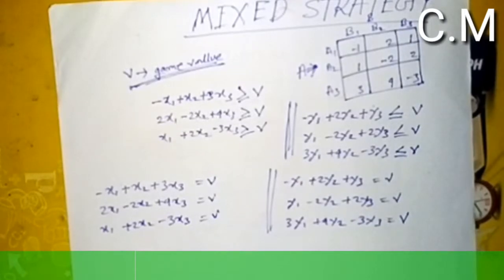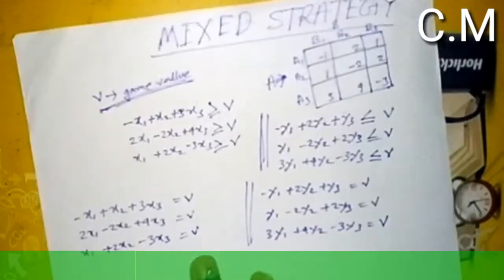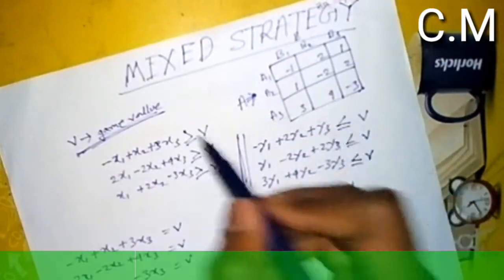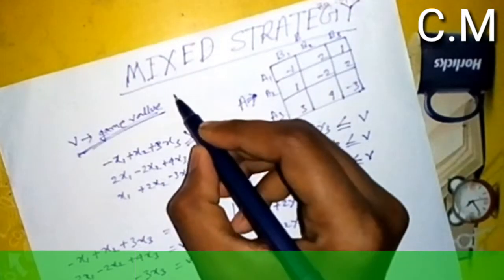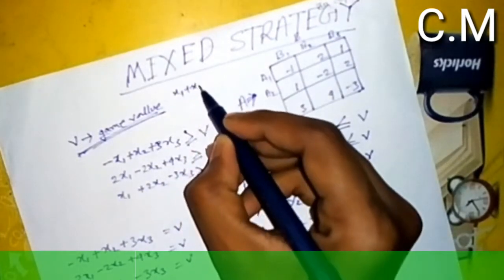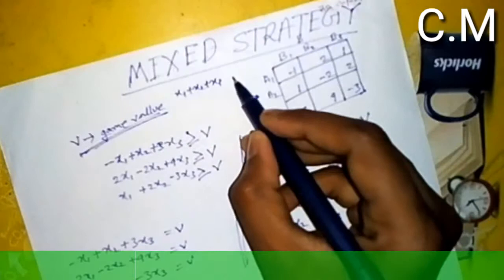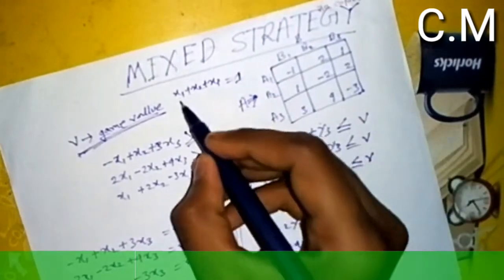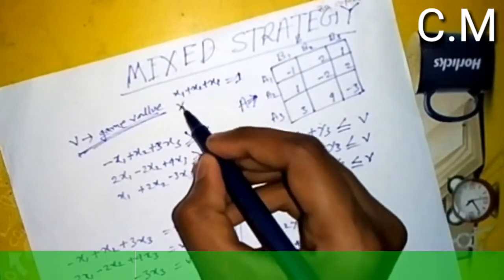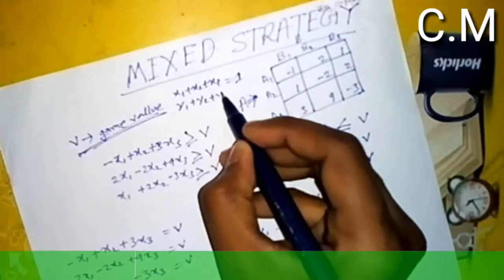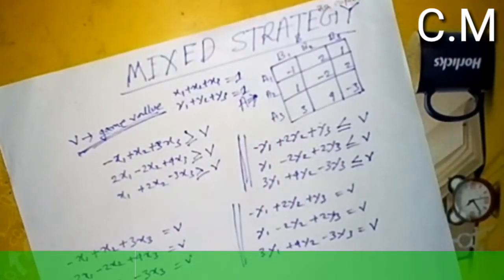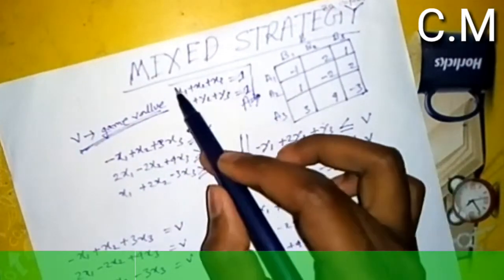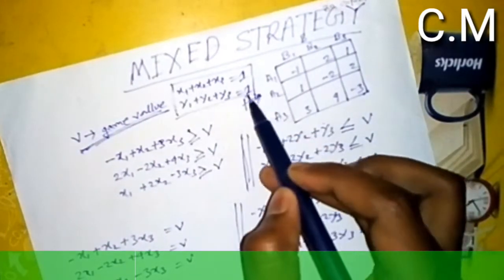Okay friends, I made a small mistake. Here you first have to put x1 plus x2 plus x3 equals 1, and next y1 plus y2 plus y3 equals 1. It is a mandatory condition from probability.